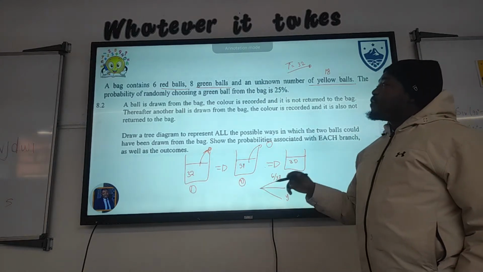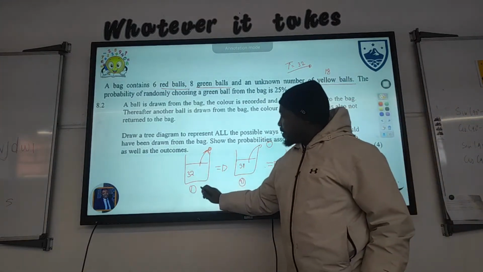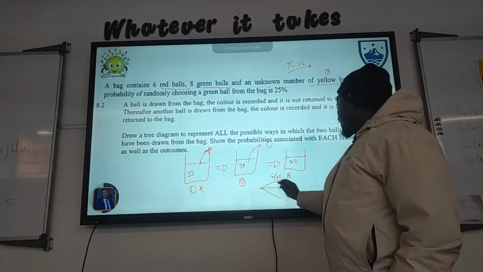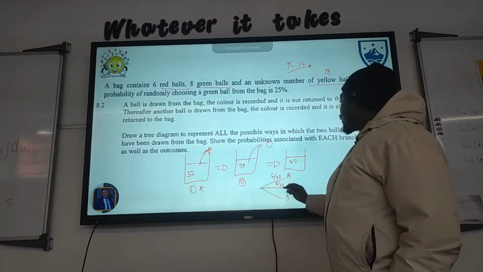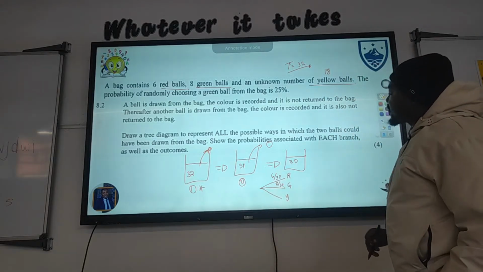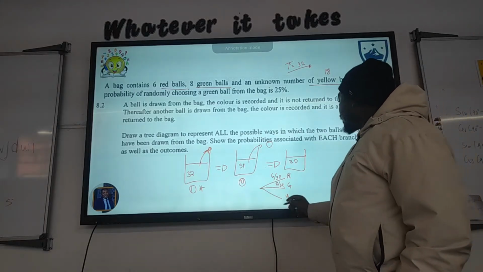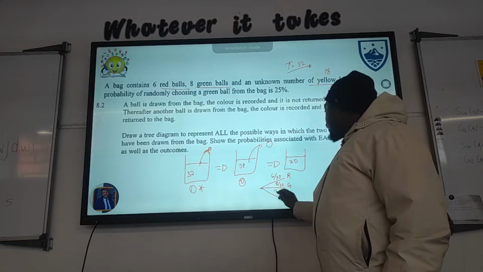So that is the probability of me getting a red ball. And then the probability of me getting a green ball will simply be 8 over 32, that's 25%. And then what is the probability of me getting a yellow ball? We said the yellow balls are just 18, so it's going to be 18 out of 32.